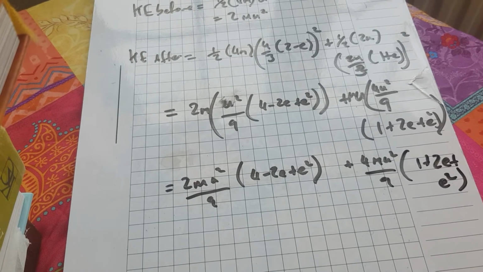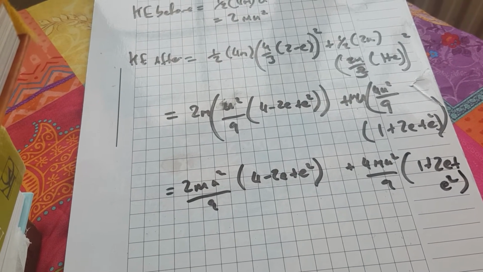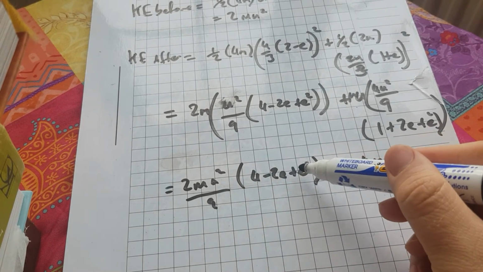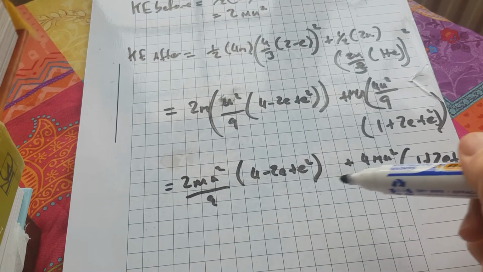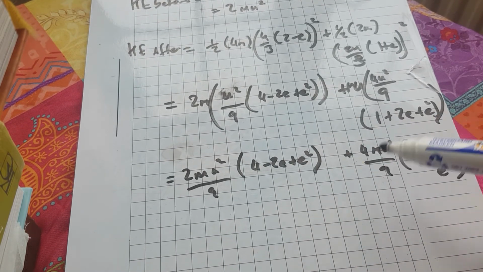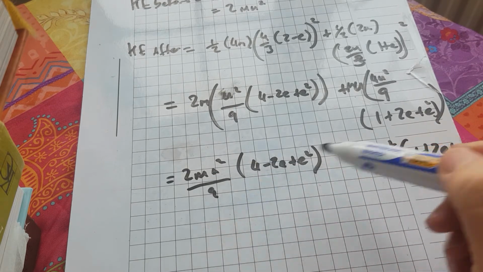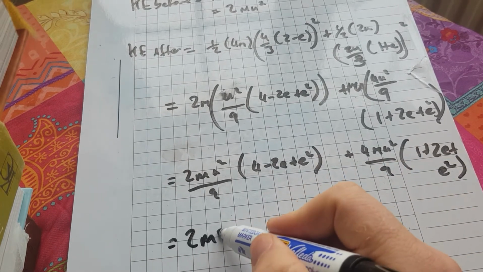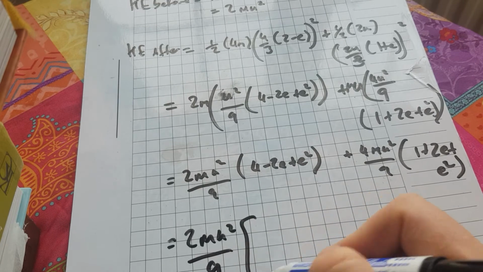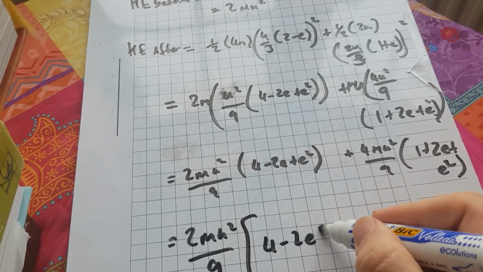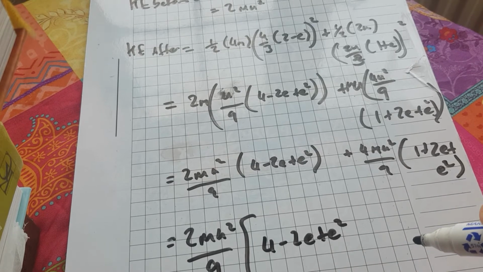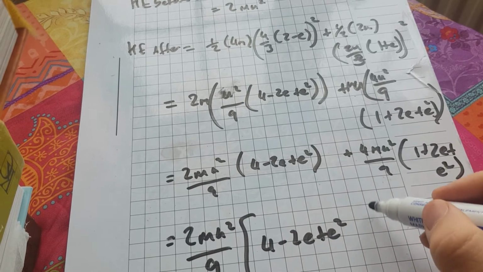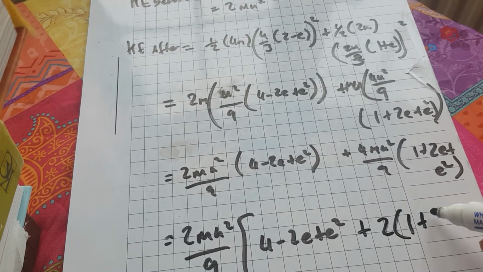Now, there is a trick in, rather than multiplying that by this, and that by this, and then adding and then factorizing again, I've got 2mu squared over 9 and 4mu squared over 9. So if I factorize out the 2mu squared over 9, for the first one, it's just 4 minus 2e plus e squared. For the second one, though, if I factorize out 2mu squared over 9, I get 2 times 1 plus 2e plus e squared.